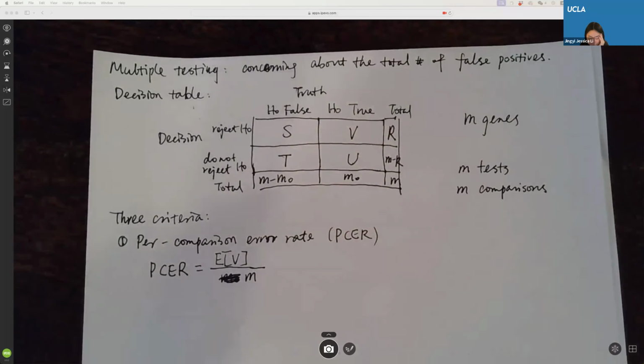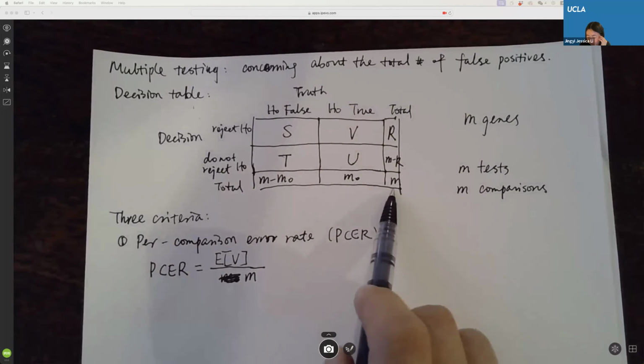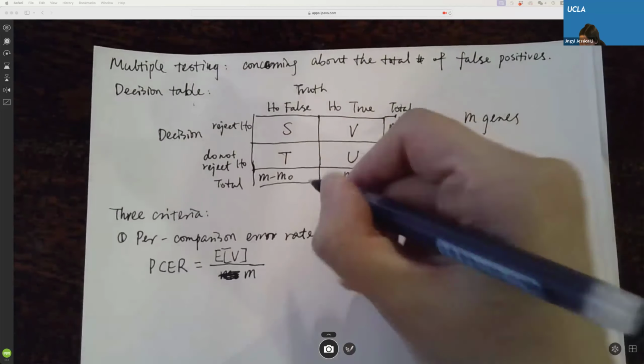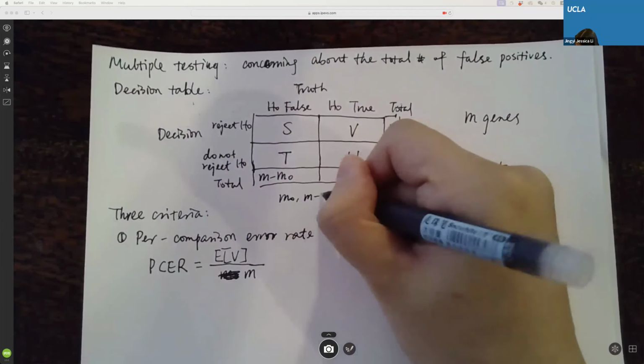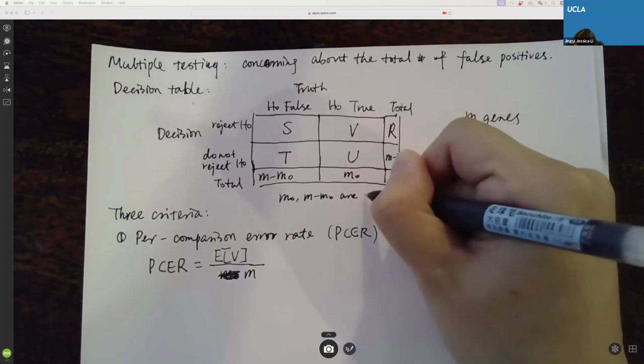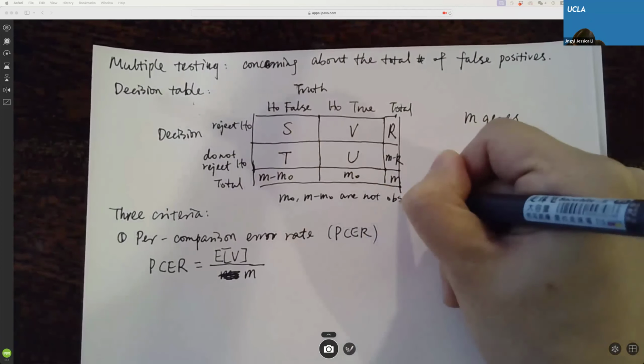It's per comparison. And because M0 is not observed, M is observed. So M0 and M minus M0 are not observed.